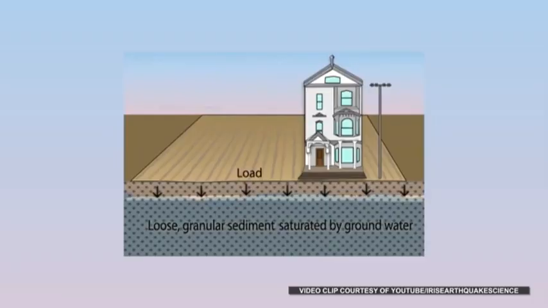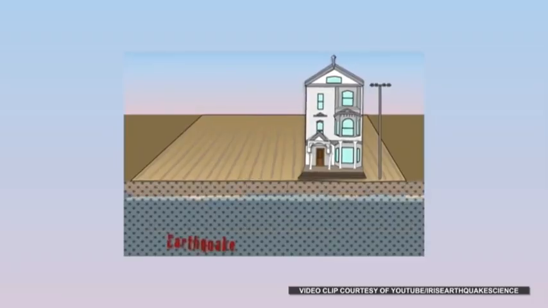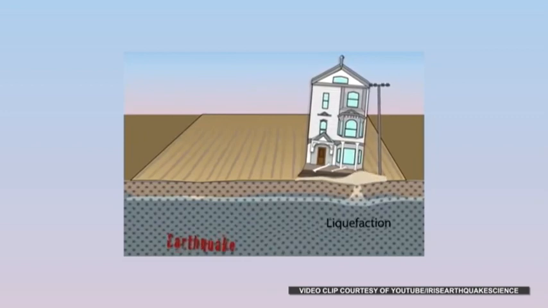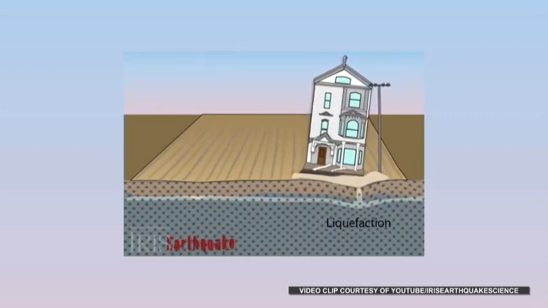Liquefaction. Liquefaction is a phenomenon in which the strength and stiffness of soil is reduced by shaking brought on by an earthquake. It occurs in soil that is saturated with water. Normally, the water in the soil pushes against the soil with a small amount of force, and soil particles do not move against one another.